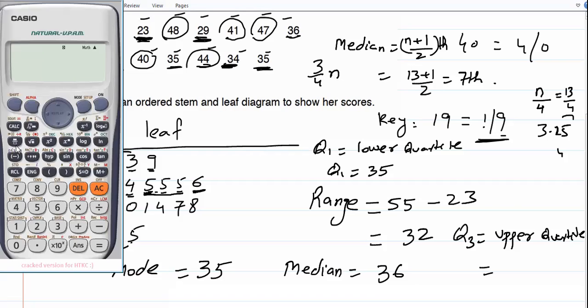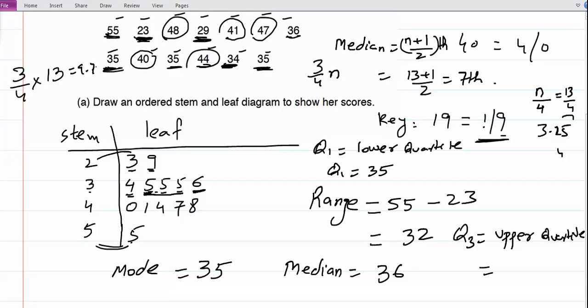Let's find 3/4 of 13. It is 9.75. Now it's a decimal number, so move to the next number, the 10th number. The 10th value will be 1, 2, 3, 4, 5, 6, 7, 8, 9, 10. It has a stem 4, leaf 4, so 44. It means 44 is your Q3. So this will be the way to complete that.